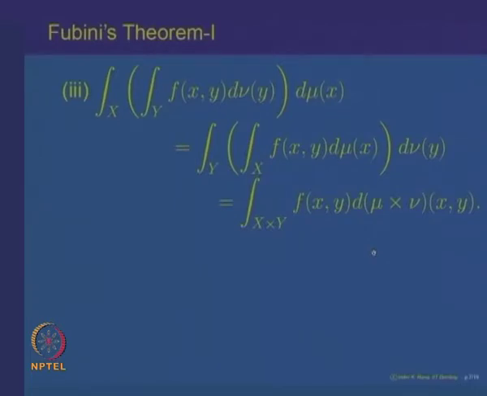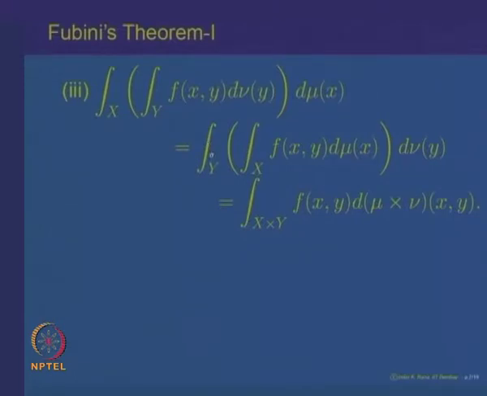So, this gives an extension of the earlier result, and it says that for non-negative measurable functions, if you want to integrate with respect to the product measure, then you can do it one variable at a time. So, these two integrals are called the iterated integrals.